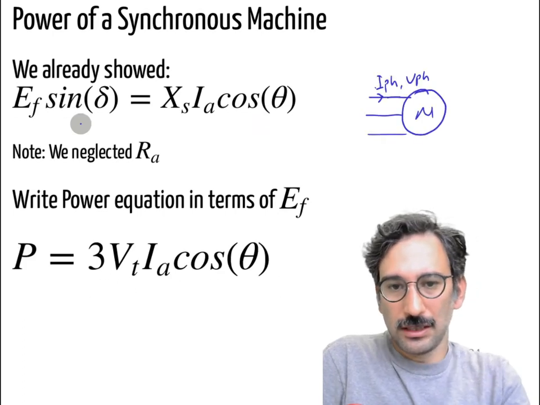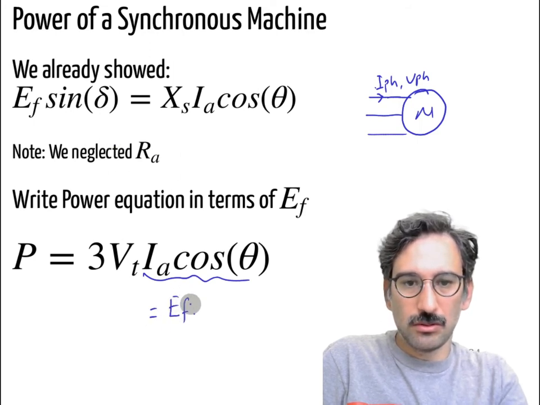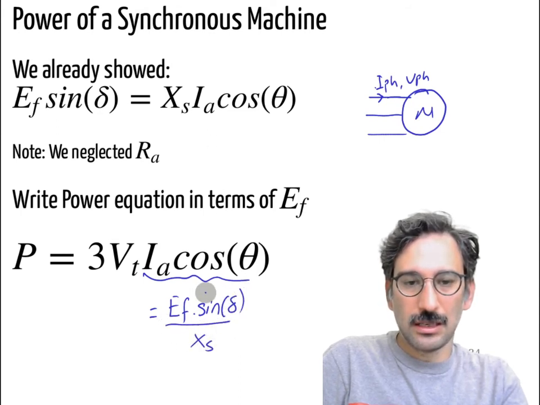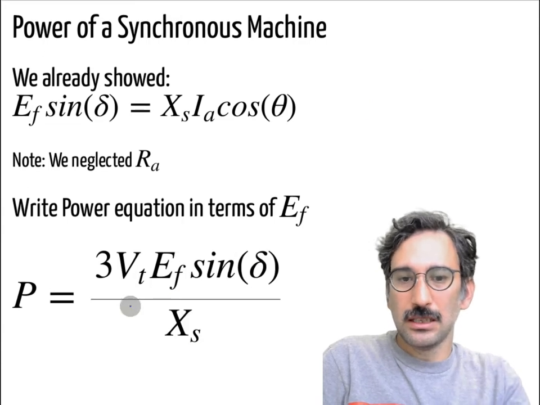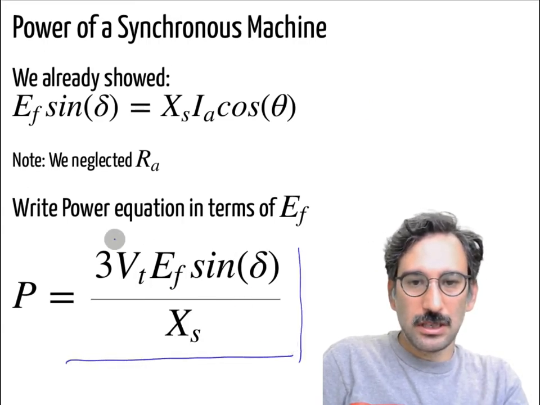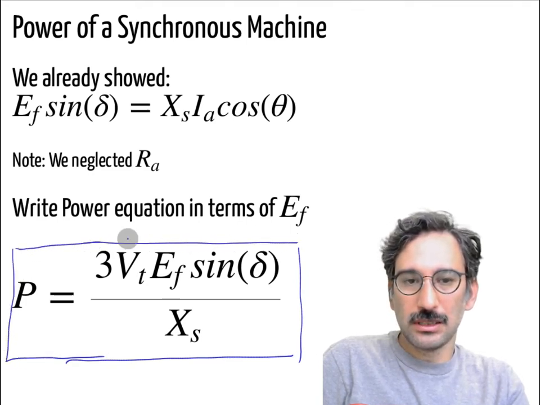Let me write that one. It is equal to 3 VT EF sine delta divided by XS. That is our synchronous machine power, and it is quite important.